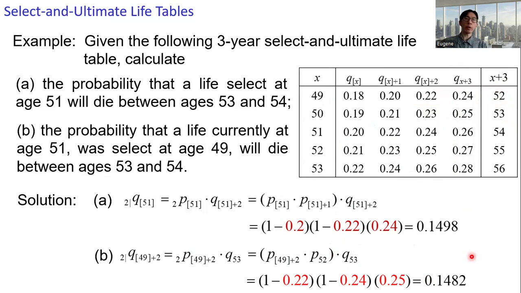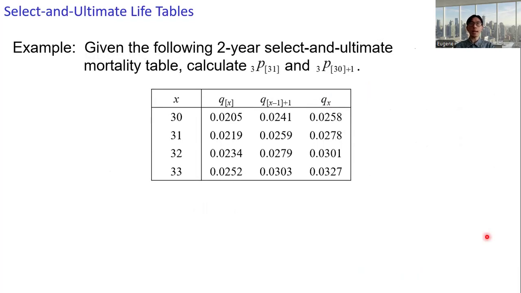All right, so far, when we go through the examples, the corresponding life table or mortality tables, each row corresponds to the select age. Say here x is 49, we have q select age 49, and then plus 1, q[49]+2, etc. There is another representation of the life table as given in this example.